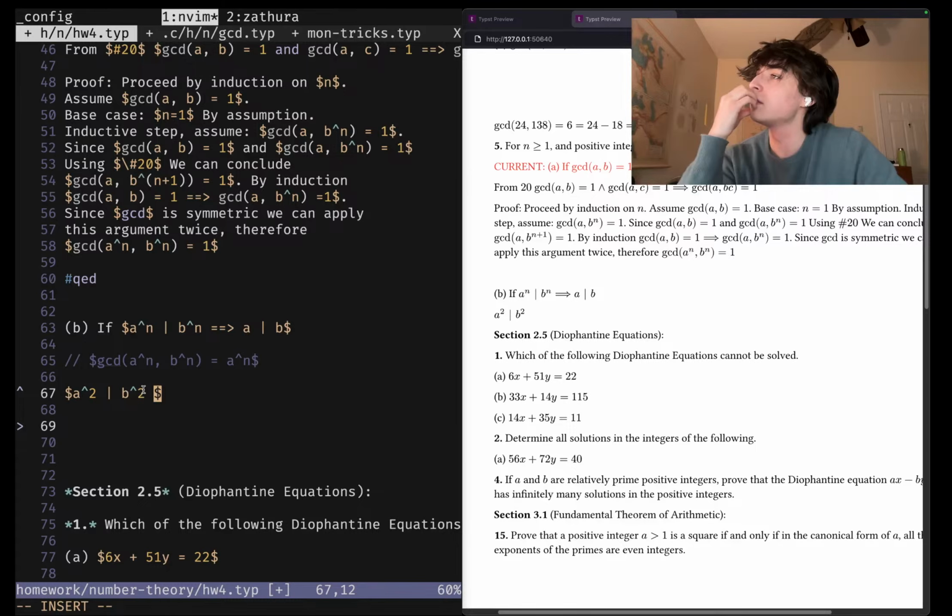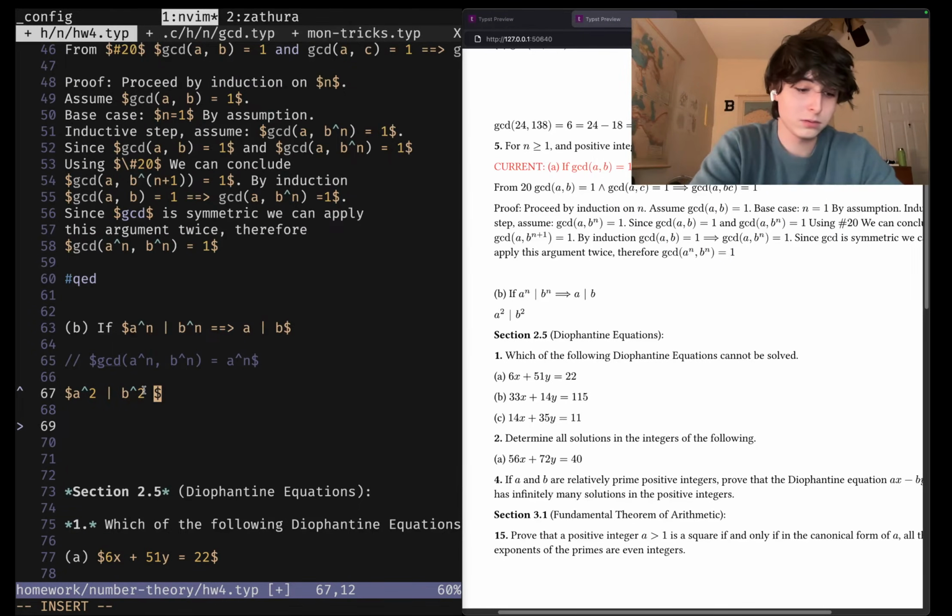So, I think we want to use indeed this fact about this division you have exactly when the GCD of A and B is actually equal to A. I think we can show this. Okay.